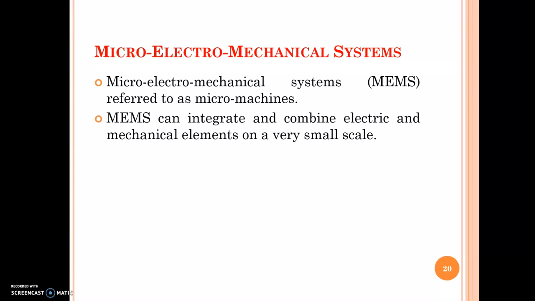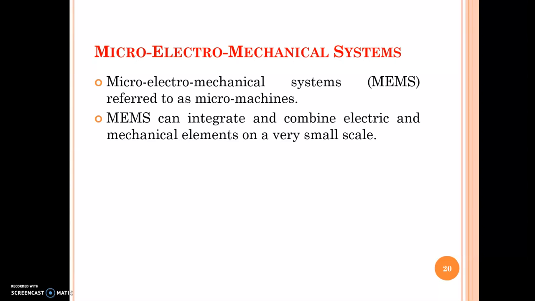One of the keys of this technology is a microfabrication technique that is similar to what is used for microelectronic integrated circuits. This approach allows mass production at a very low cost.